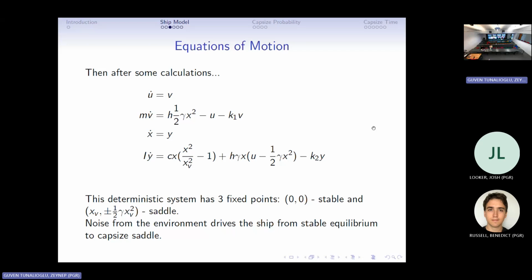Suppose we have no roll at all: no matter how high you get lifted up, you don't lose your stability. But if you are tilted by 90 degrees, for example, you lose your stability. So we have three critical points: one corresponds to the stable equilibrium, and two saddles correspond to the symmetric capsize angle.